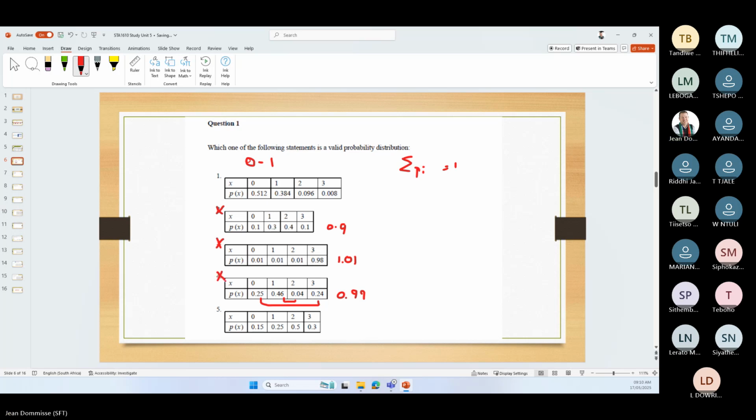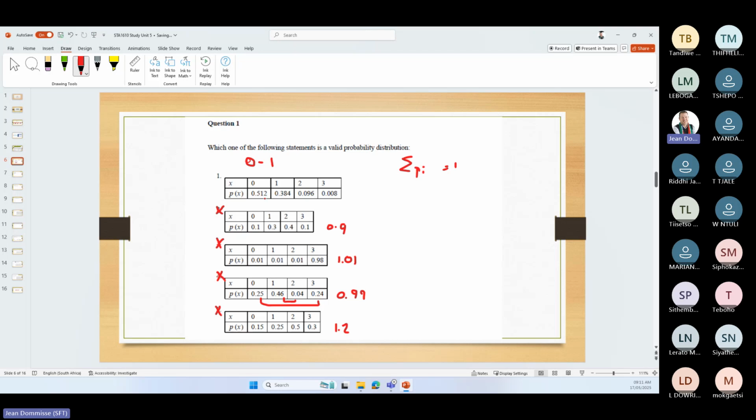Okay, so we're left with option 1 and option 5. So let's quickly check here. That is 0.15 plus that, so it's 0.4. That's plus that is 0.9, plus that is 1.2. So again, not that one, so must be number 1, but let's just add.